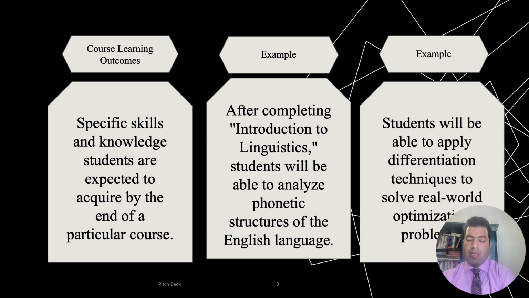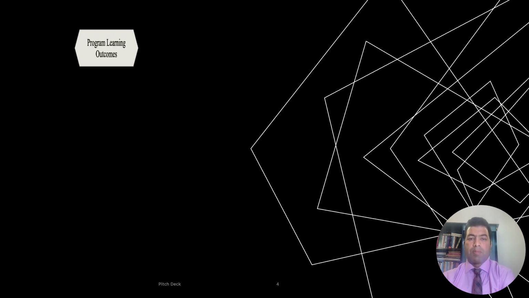For example, if we take from the engineering field, the student will be able to apply differentiation techniques to solve real world optimization problems. This is an example from the calculus course: the student may be able, not maybe, the student will be able. So we will use clear action verbs to achieve the course learning outcomes.